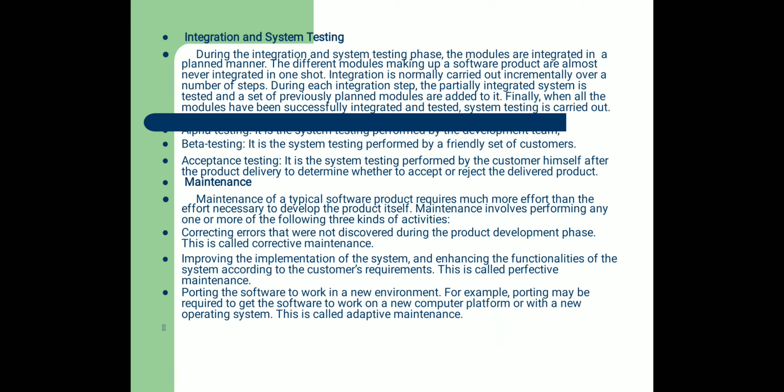So for any product, we need maintenance. For example, if you take an LED light of 90 watts or something, they give a 1 year warranty, or some LEDs they give 2 years, some LEDs 5 years warranty.